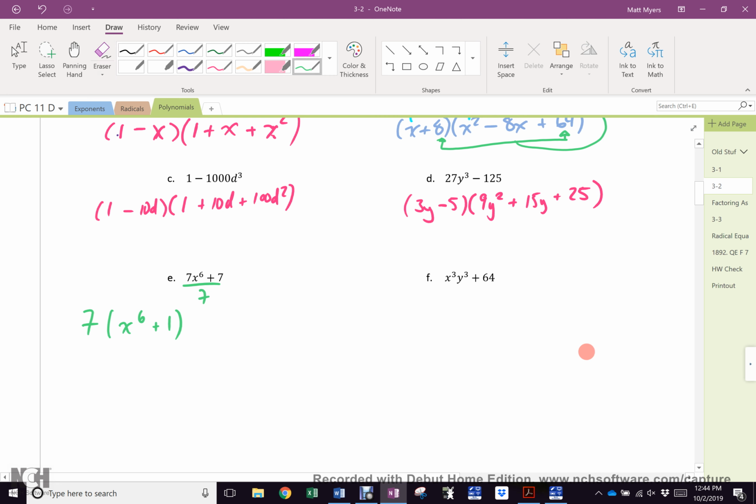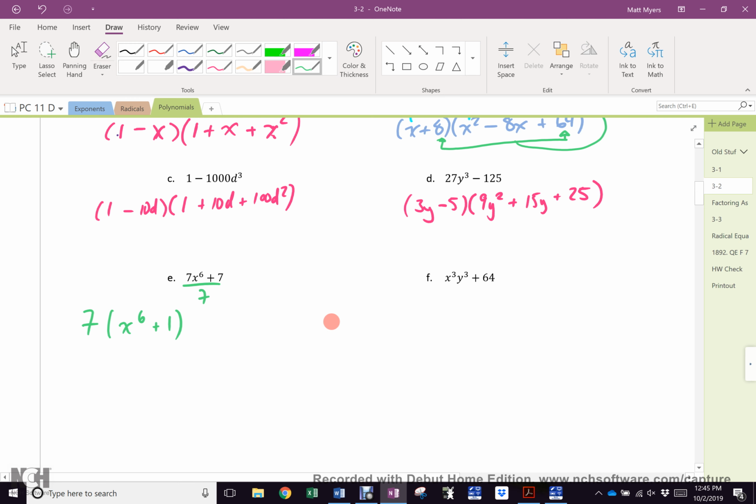You are saying, oh, 6th, I can't do it. But you can. Why? What is the cubed root of x to the 6th? X squared. Because that is x, x, x, x, x, x. 6 x's, I got 2 groups to take out, don't I?